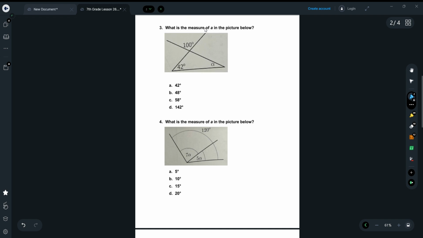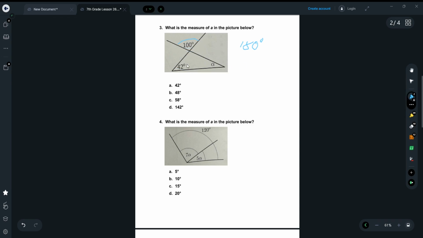Number 3, what is the measure of angle A in this picture below? As you all know, in a triangle, all three angles need to add up to 180 degrees. In this picture, we just covered vertical angles, and as you can see there is another example of a vertical angle.